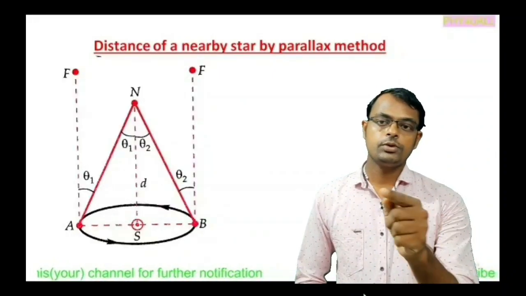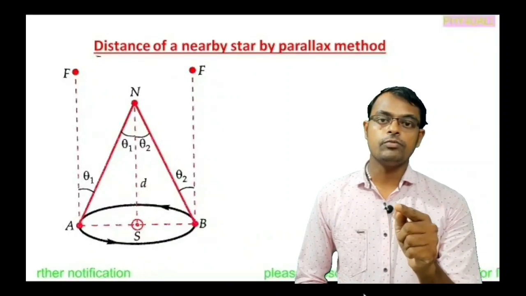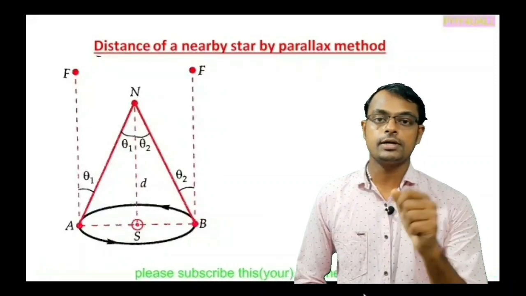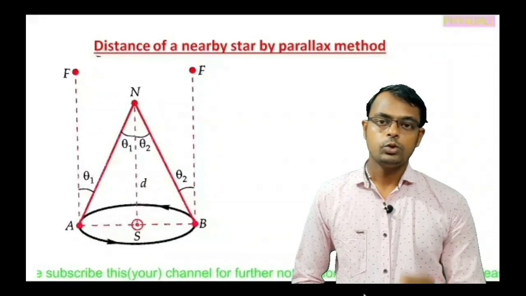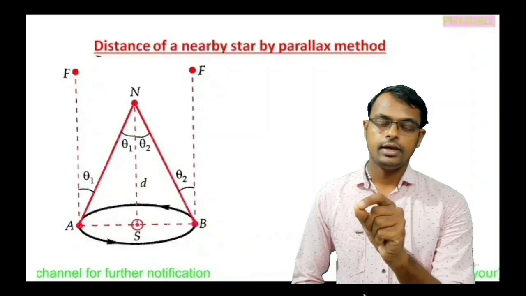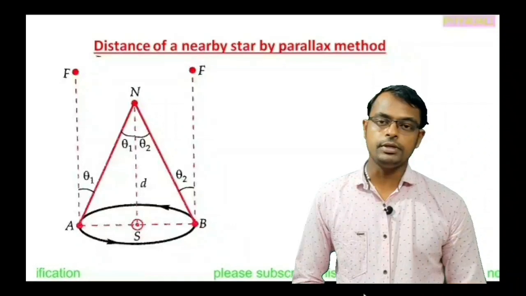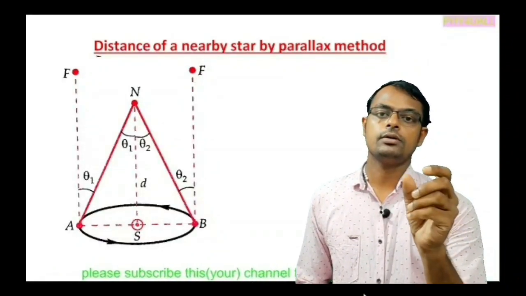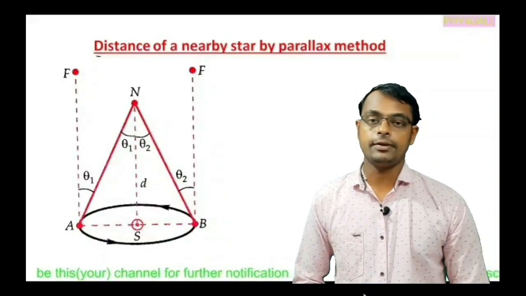Imagine the picture: A and B are two positions of the earth, which is revolving around the sun, with the sun at the center. When the earth is at A, and after 6 months at B, from those two positions you look at the nearby star, marked here with the capital letter N.